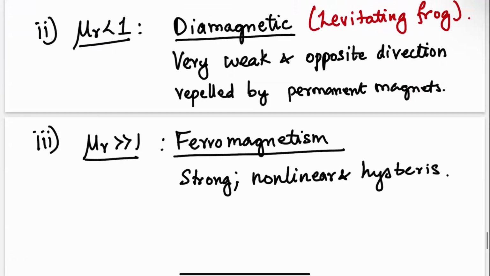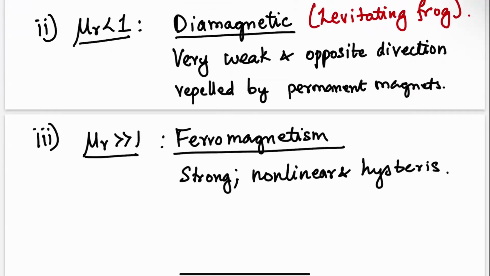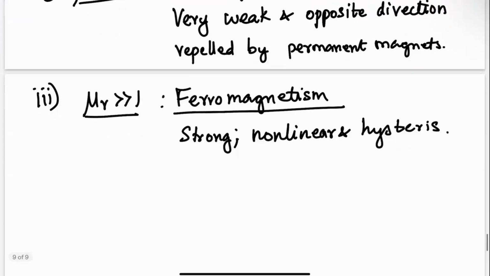And maybe I'll say one thing, which is that essentially you have these strong domains inside, of magnetic dipole moments that are all lined up, and it's a very strong effect. So this is how your permanent magnets are made.